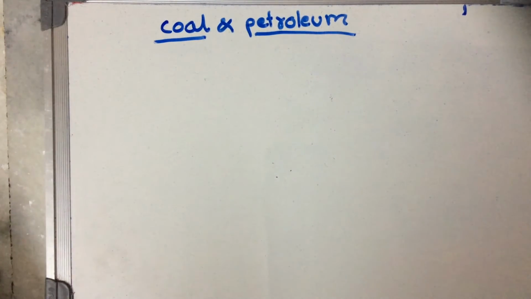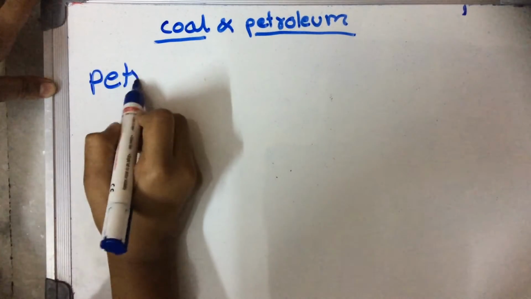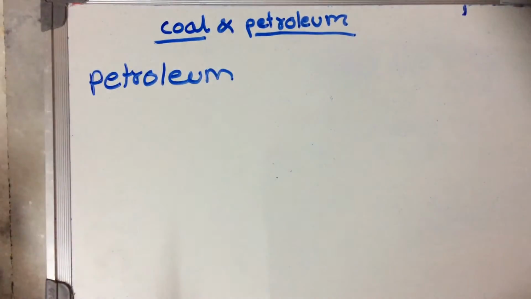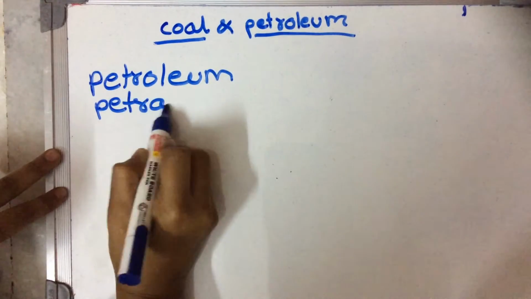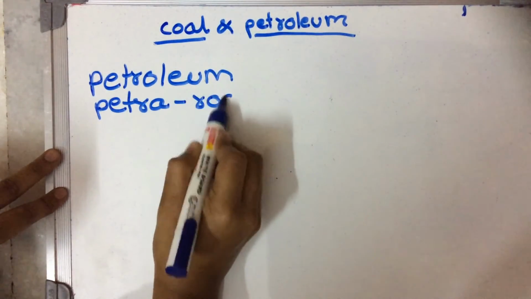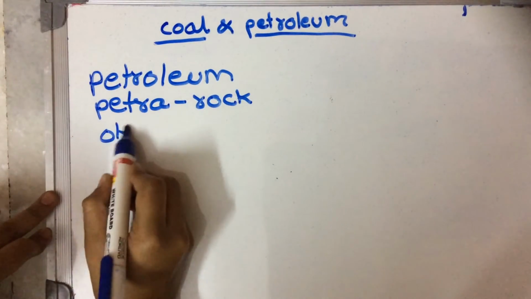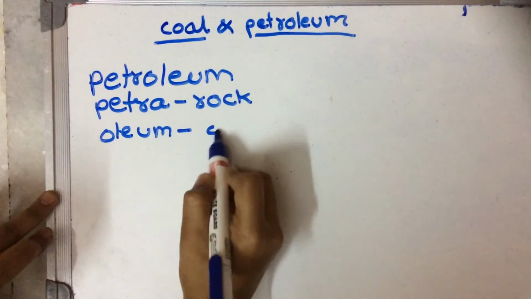The term petroleum comes from the Latin word petra, meaning rock, and oleum, meaning oil.